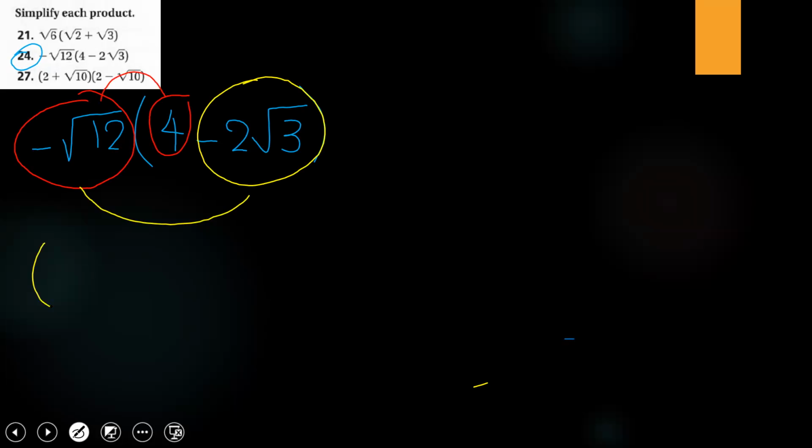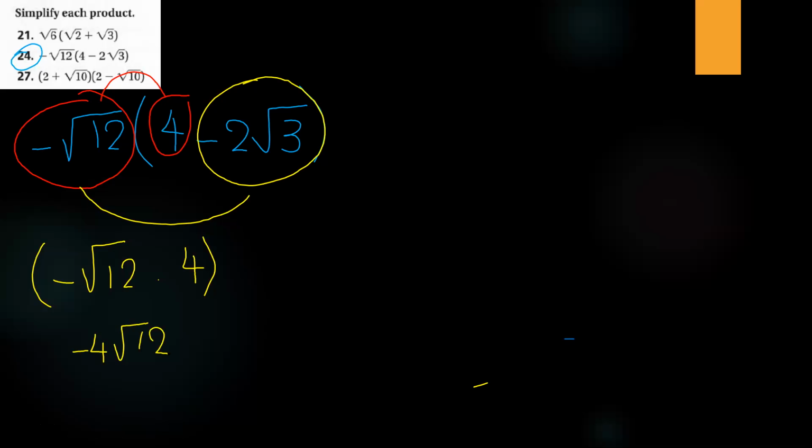The first one: negative square root of 12 multiplied by 4, so it is negative 4 square root of 12.